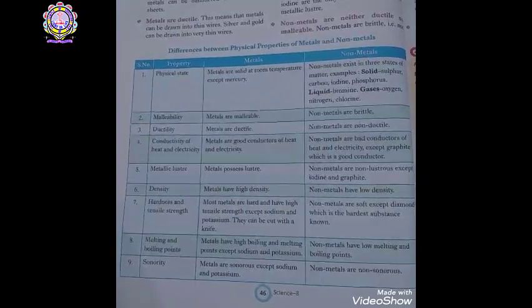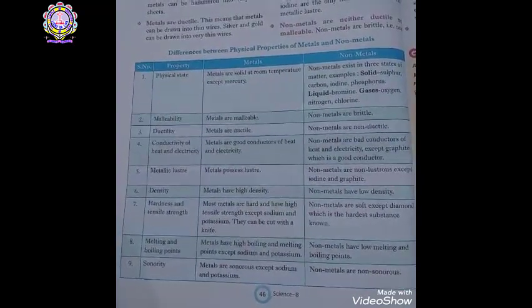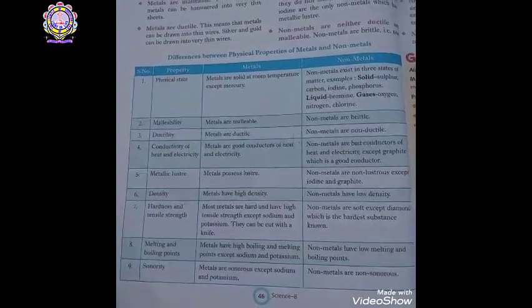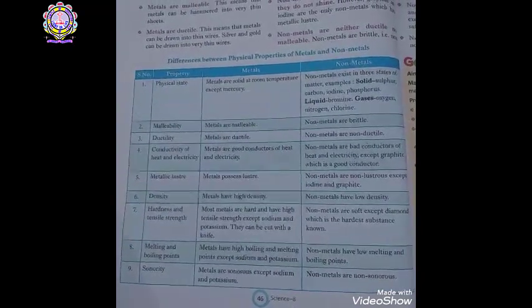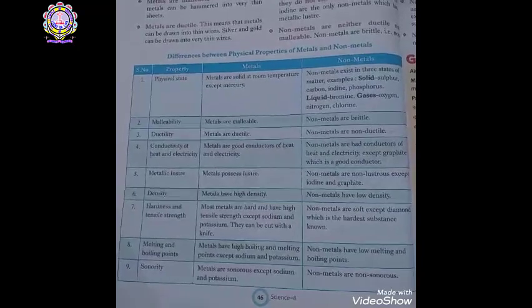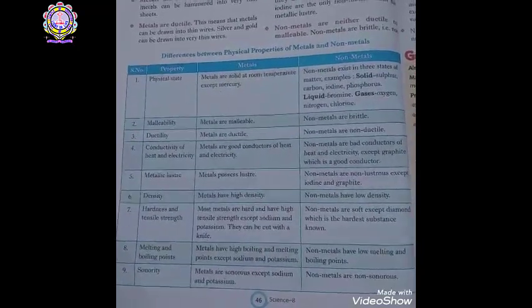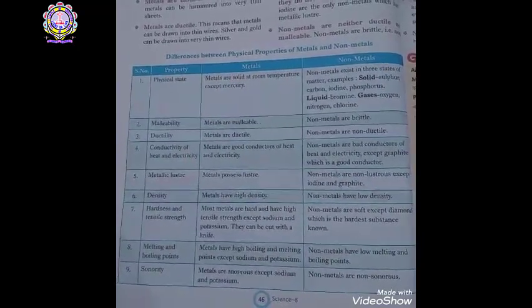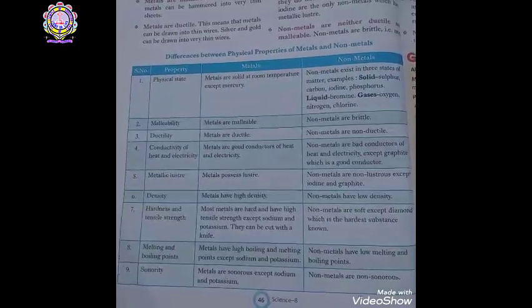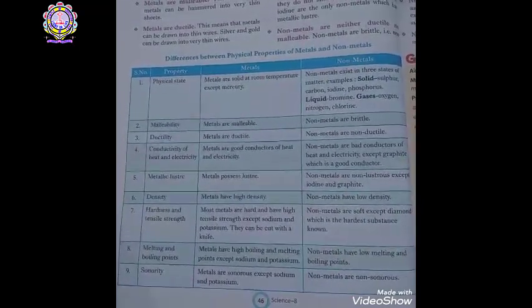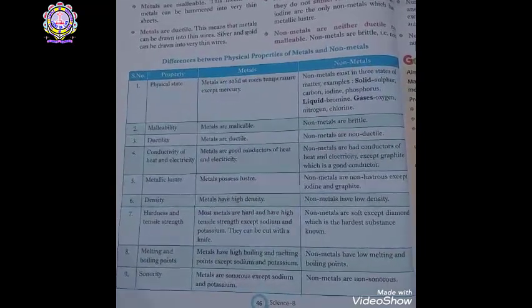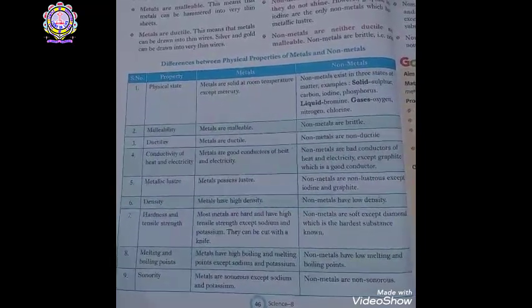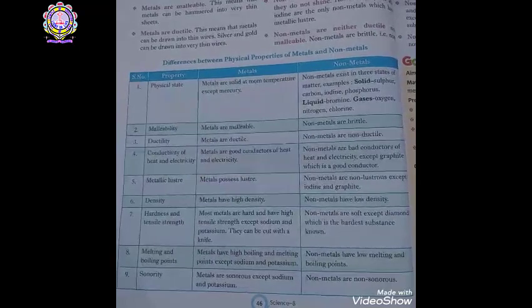This table explains the differences between the physical properties of metals and non-metals. Pause this table and note it down in your notebook. Here we explained some physical properties of metals and non-metals.